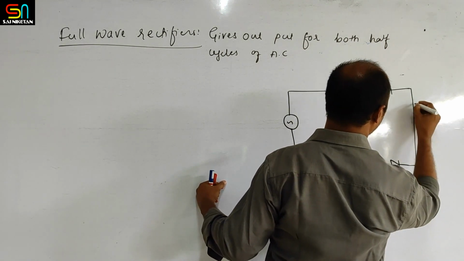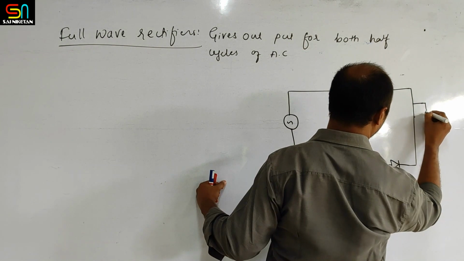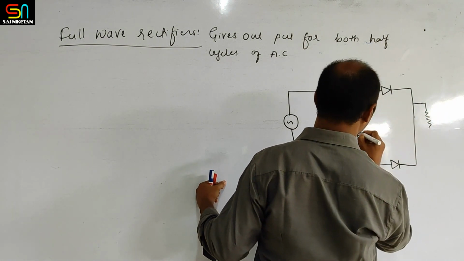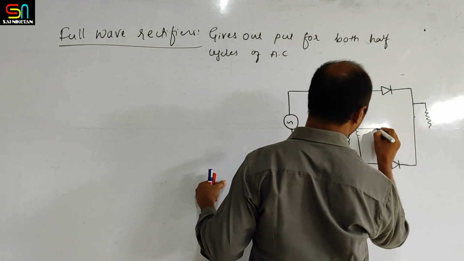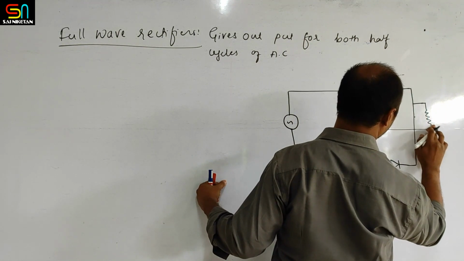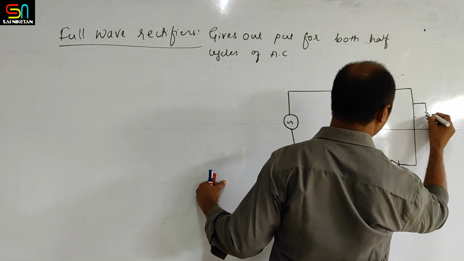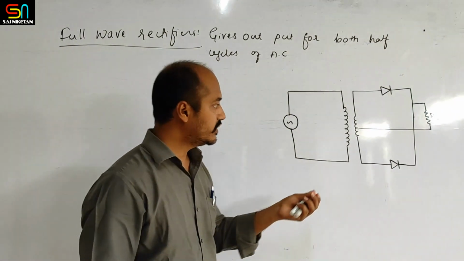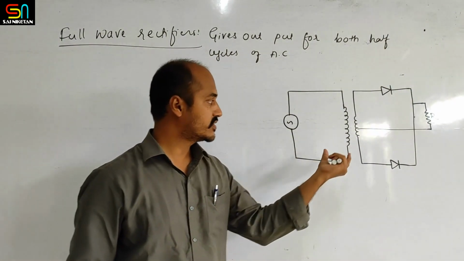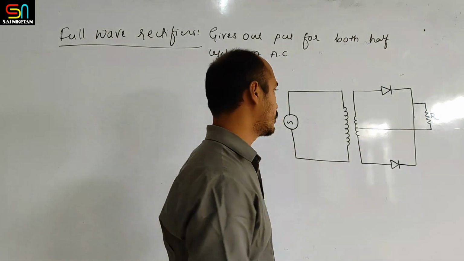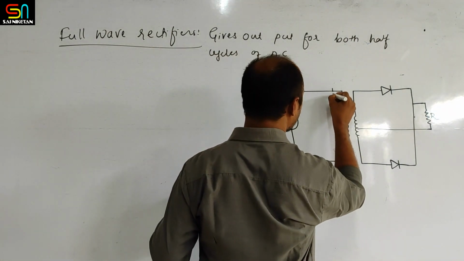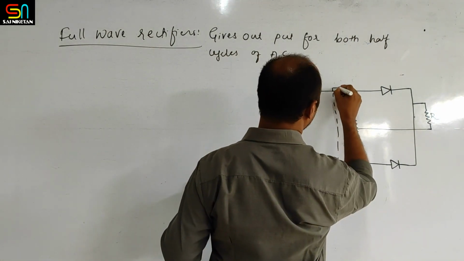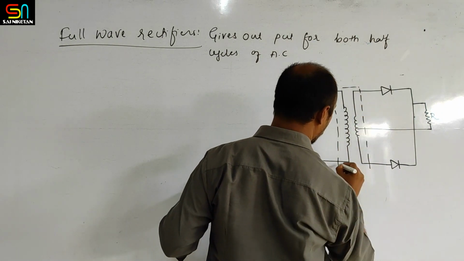I will show here. So the load is connected somewhere. So this is what RL is, and this kind of transformer is called a center tap transformer. The transformer we are using is a center tap transformer.